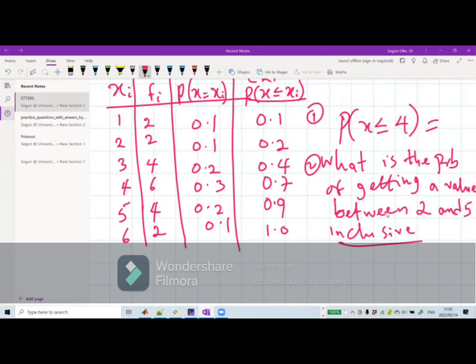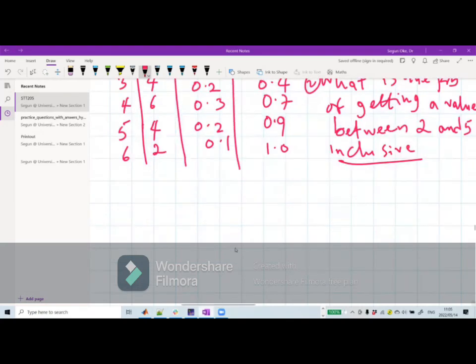The second one will be between 2 and 5. 0.4? 0.8? Put it in the chat, please. Let me see. Just put it in the chat. We will see it together.